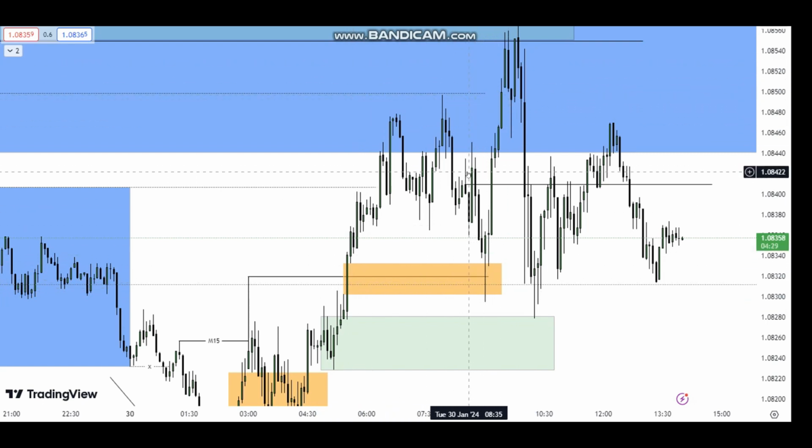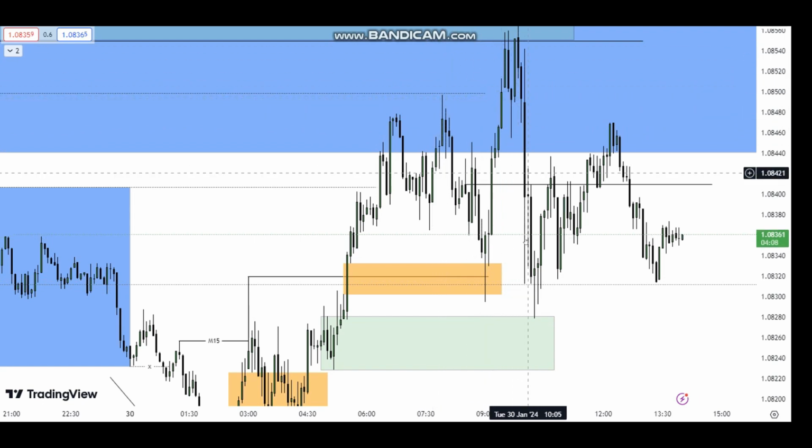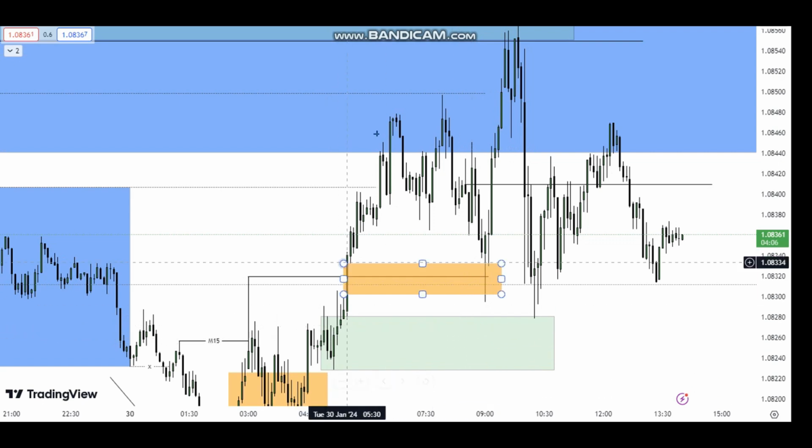Remember, external liquidity, internal liquidity, external liquidity, internal liquidity. When they ran the external liquidity, they rallied above, they came back for internal liquidity, which is that fair value gap and that swing high right there, to now target the next external liquidity, to then come back to target internal liquidity because we're still within this range.